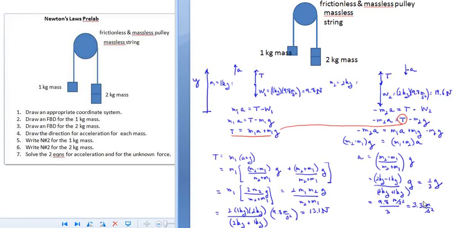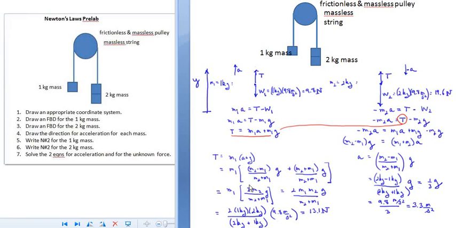Now if we have a, we can come over here and solve for T, which is the unknown force alluded to over here. So T is equal to m1 times a plus g. Well, a is what we just solved for, and g is now re-expressed in terms of the common denominator m2 plus m1. Inside the brackets I have m2g plus m2g, giving me a 2m2g, and I have minus m1g plus m1g.